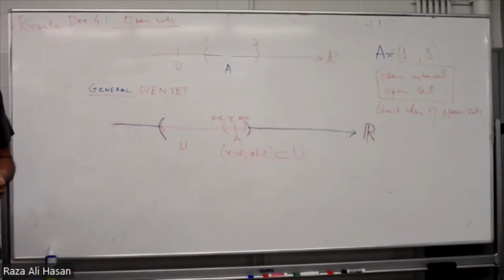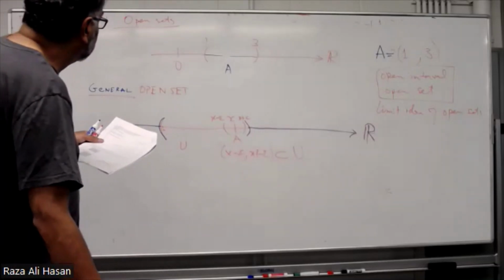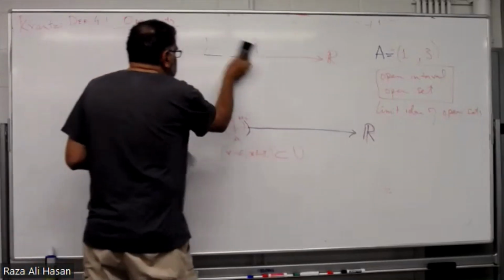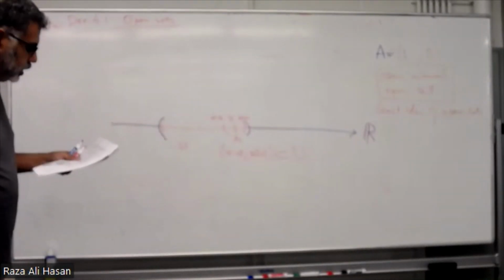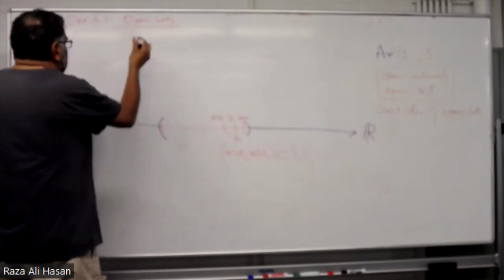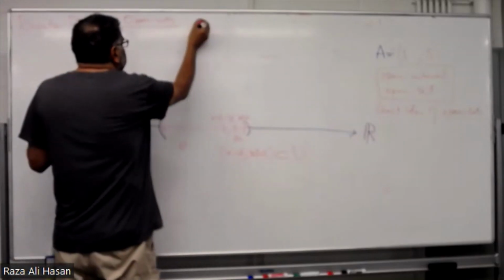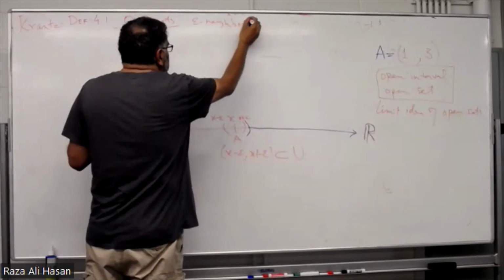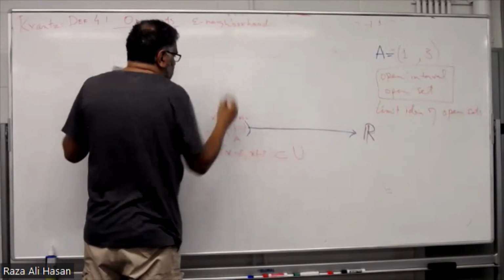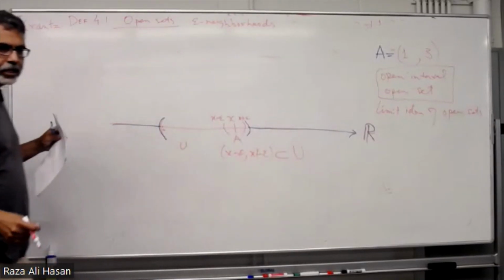Okay, so now I'm going to write the definition here. Let's keep the diagram there. So we are looking at open sets and epsilon neighborhoods. This is called a neighborhood that I created.